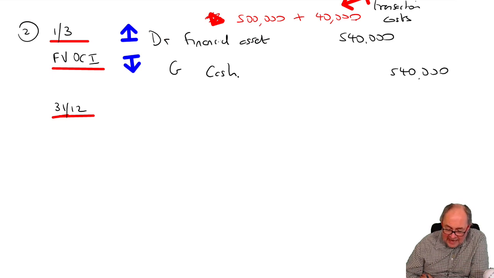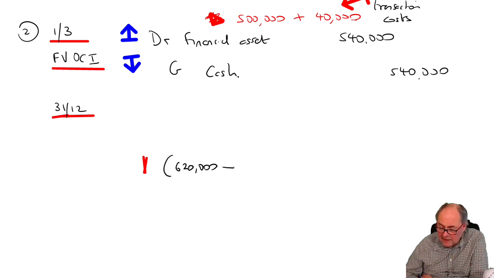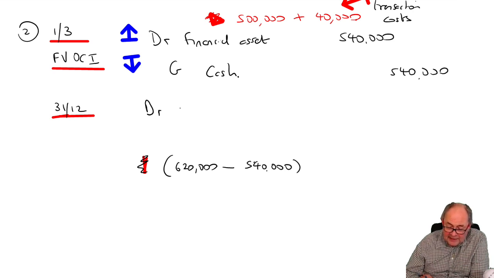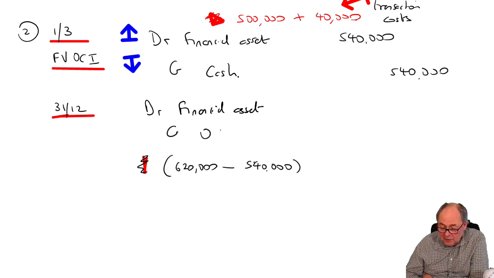So there's a gain. It's the difference between 620,000 and the old carrying amount, which was 540,000. It's a gain. That will increase the financial asset. The credit will go in OCI.